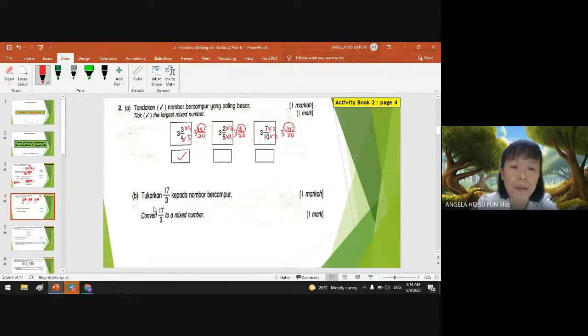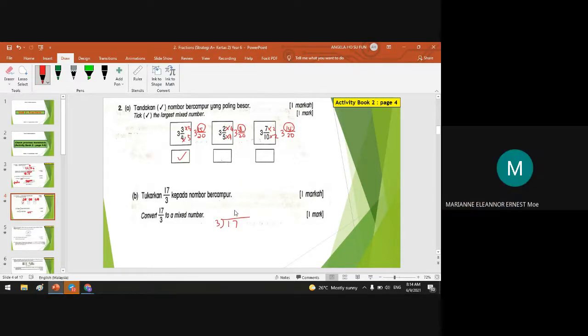Right, B. Convert this 17 over 3 to a mixed number. How do you do that? If you want to make a mixed number, all you need to do is divide. 17 divided by 3. 3 times what is near to 17? 15.